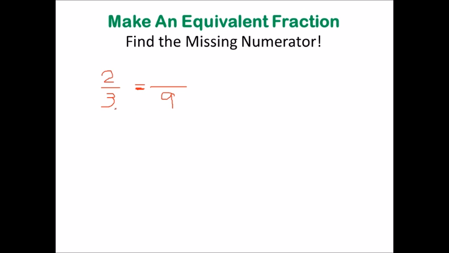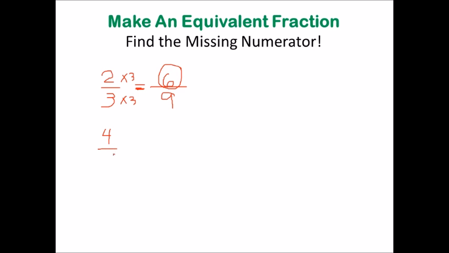So therefore, you multiply 3 by 3, so you get 9. And since we are multiplying by a fraction equivalent to 1, you can multiply the numerator also by 3, so you'll get 2 times 3, which is equal to 6. So therefore the missing number is 6, and 6 over 9 is equivalent to 2/3.